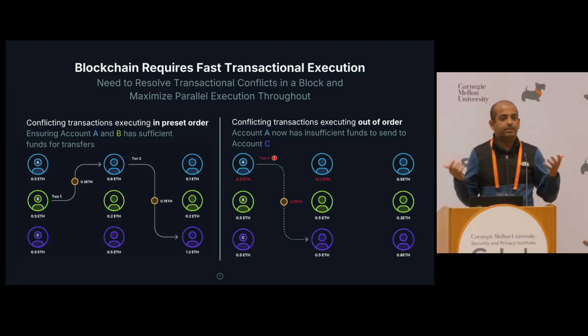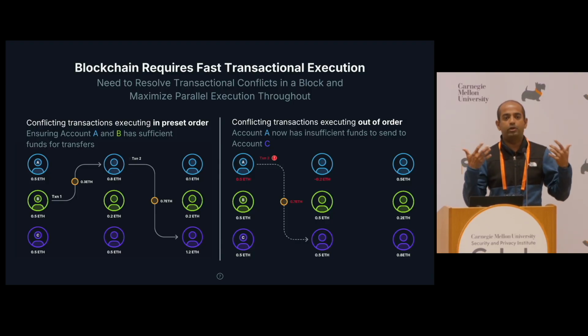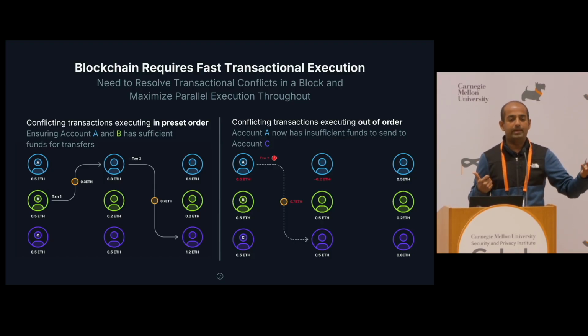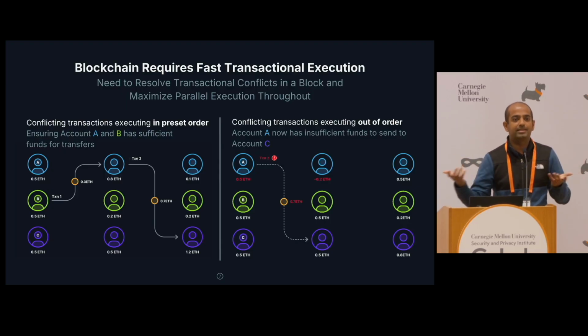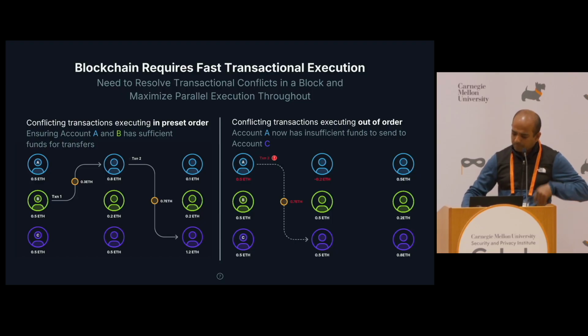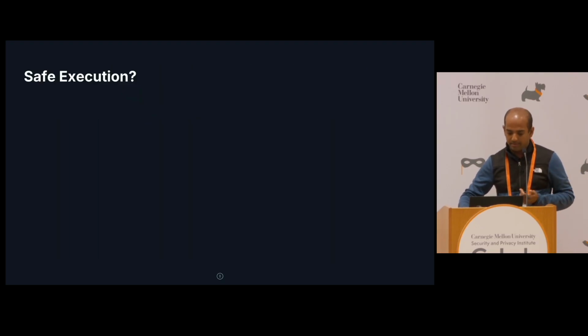It's the simple case of two people concurrently withdrawing money from a bank account. You and your significant other try to withdraw money from the same bank account. Both of you think you have $100. Both of you withdraw $100, but only one of those transactions can succeed. So we are trying to respect this order.